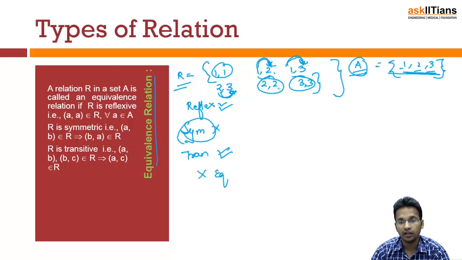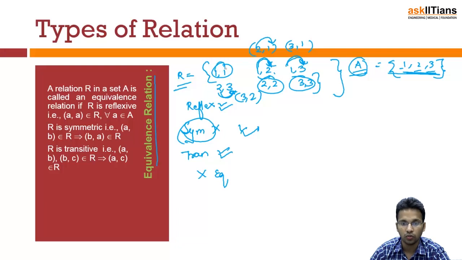Now if I add a few elements here, (2, 1), (3, 1) and (3, 2), now this relation becomes symmetric as well. But let us see whether it is still transitive or not, because now these elements need to follow the property also. So 2 is related to 1, 1 is related to 1.